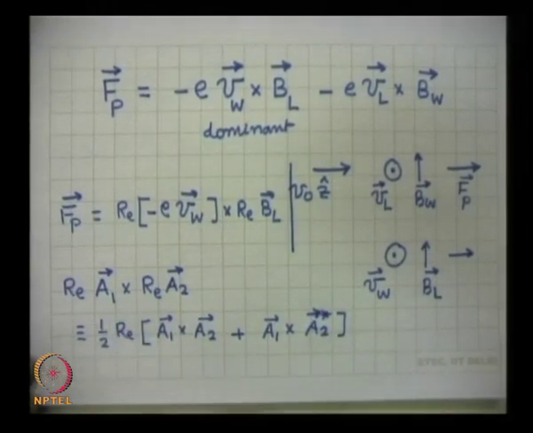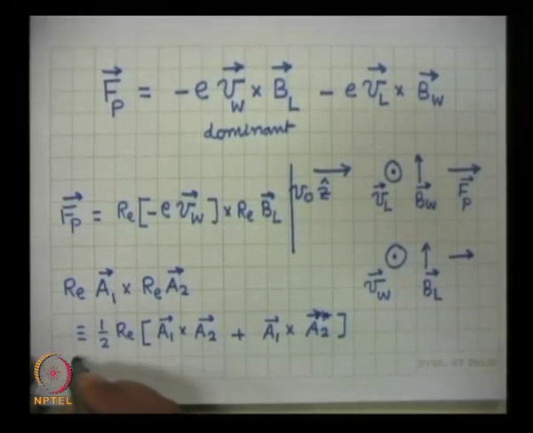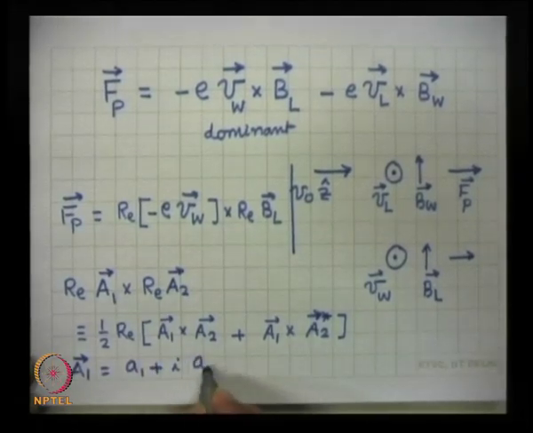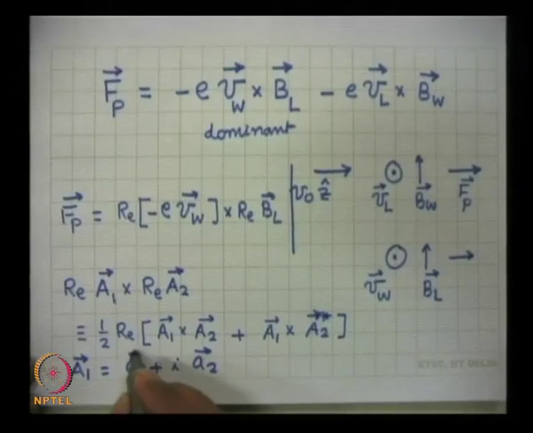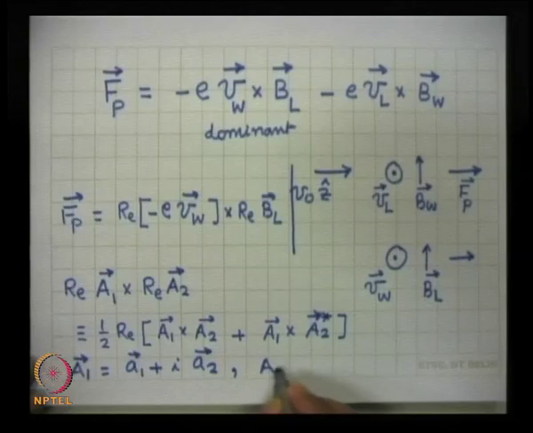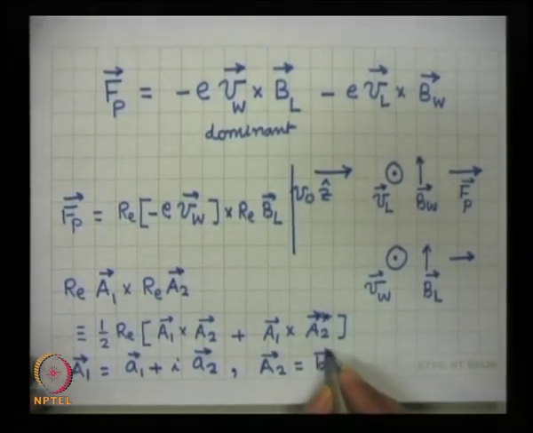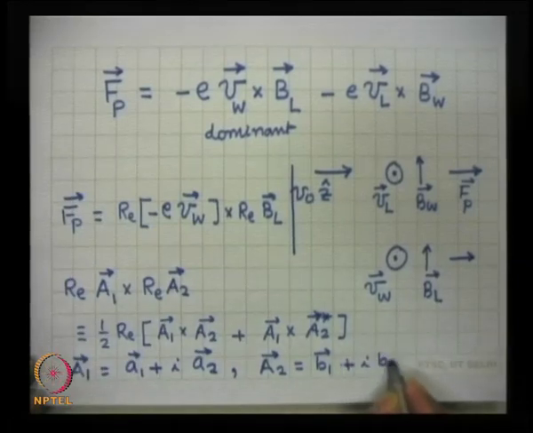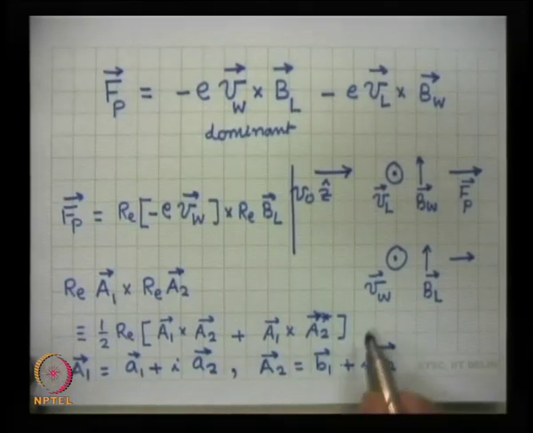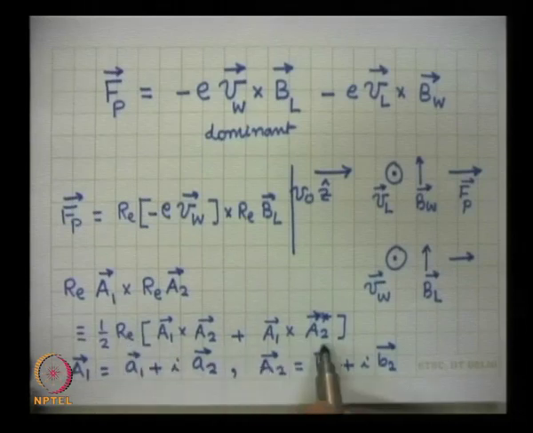One can verify this by considering A1 to be A1 plus I times A2, where A1 and A2 are real quantities, and similarly A2 you can write down as B1 vector plus I times B2, where B1 and B2 are also real quantities. Just substitute these in this equation and you will verify that this identity is satisfied.